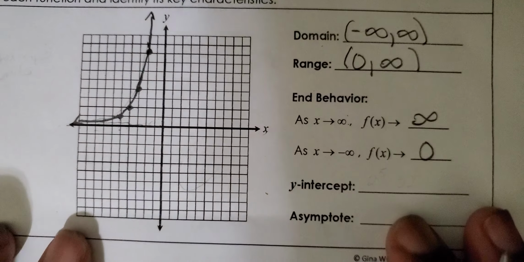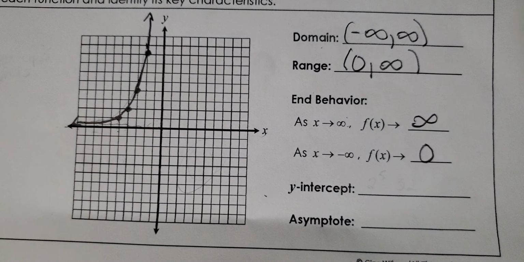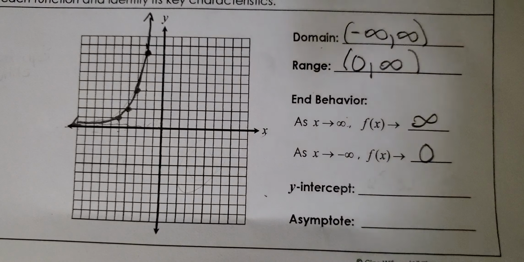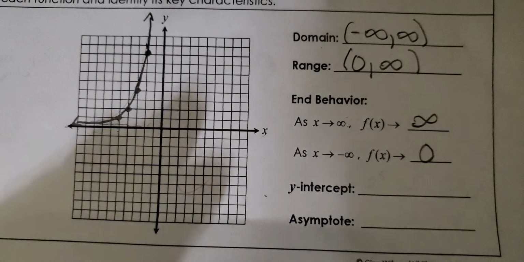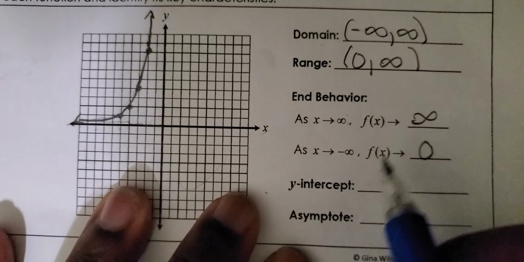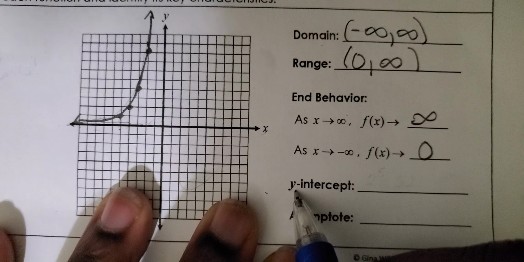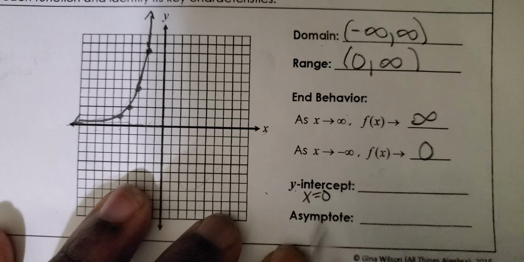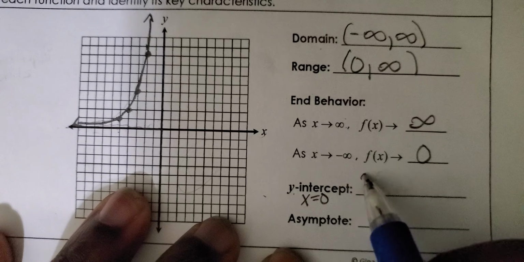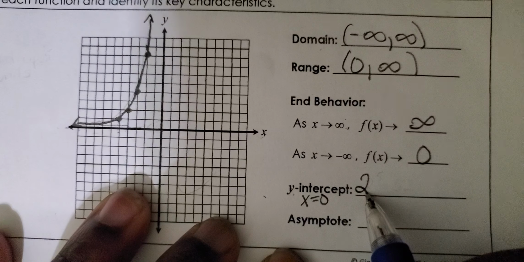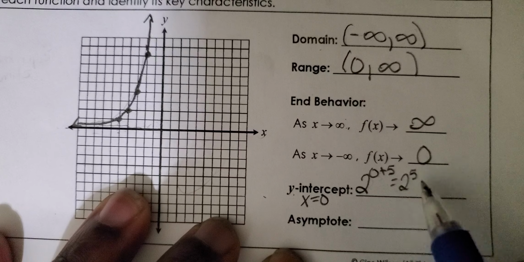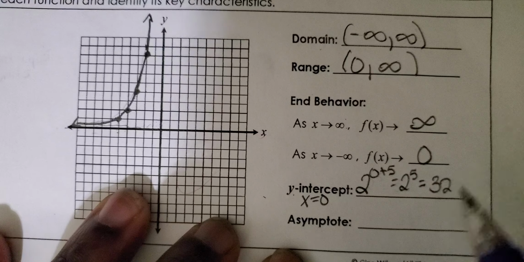Our y-intercept, so looking at the graph, we don't see here where it crosses over the y-axis. However, there is a way to find it. What you could do is you could remember that if I want to find the y-intercept, I need to make my x equal to 0. Okay, so I'm going to rewrite this as 2 to the 0 plus 5, which is just 2 to the 5th, which is equal to 32.